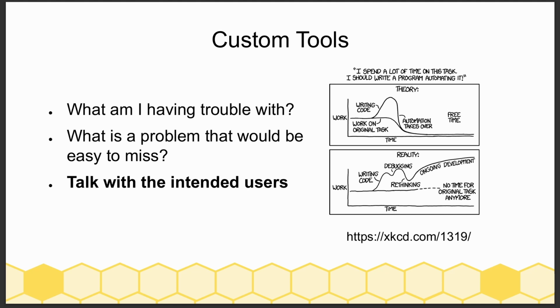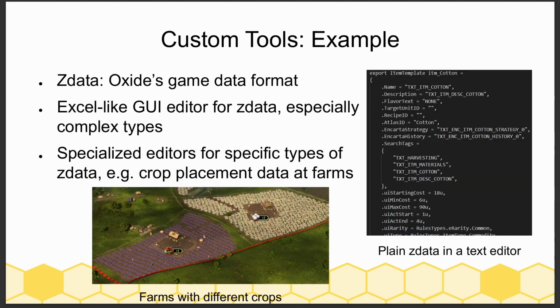As a specific example of a tool, at Rockstar we have a particular data format, which we call ZData, which we use to, from one perspective, separate out some game logic from the code itself, and from another perspective, have something that we can deeply integrate into the engine as opposed to just a generic XML or JSON. So you could consider that a tool itself, but let's take it as a given that this data format exists. It looks like this.